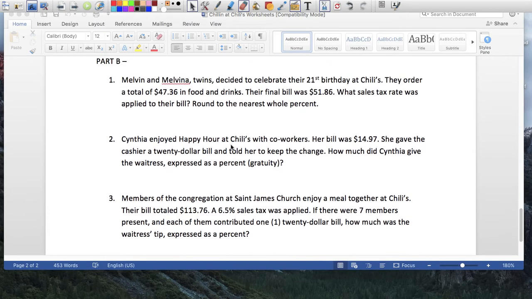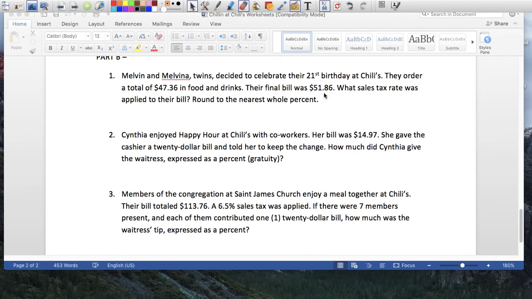Part B. Okay, the twins decide to celebrate their 21st birthday. They order a total of $47.36. Again, this is the same thing. It was the total bill in food and drinks, but their final bill was $51.86. Obviously, the difference between that was a tax, so let's find that out. The final price was $51.86.